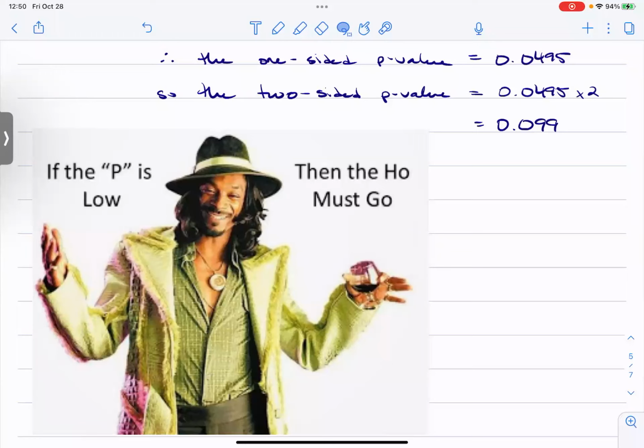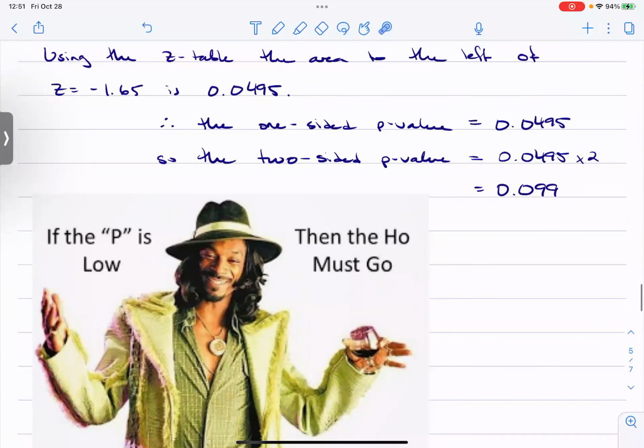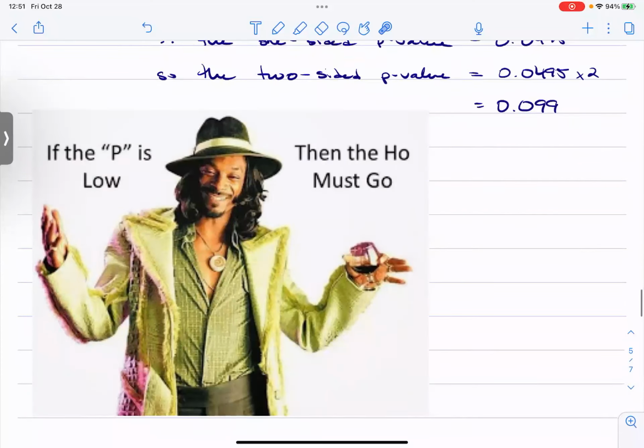If the P is low, then the null hypothesis must go, obviously. There have been so many times where I see that in the margins on a final exam. If the P is low, then the null hypothesis must go. So try the conclusion on your own. We have the P-value. You're ready for step 4. Try it, and then we'll wrap it up on Tuesday.